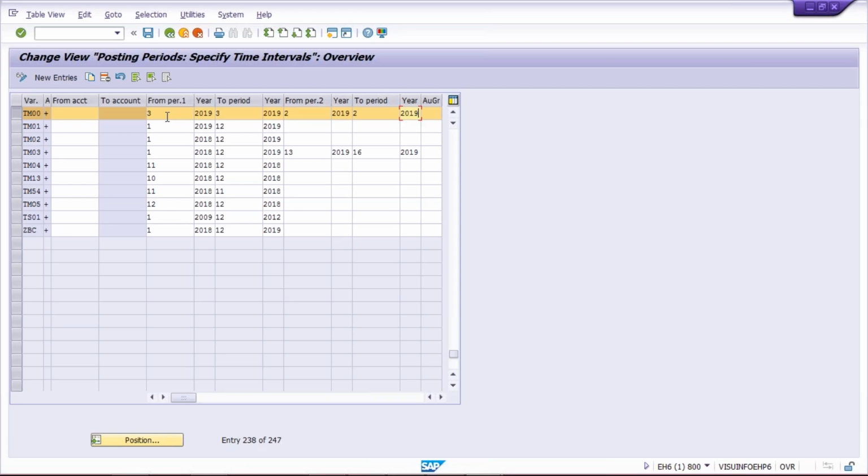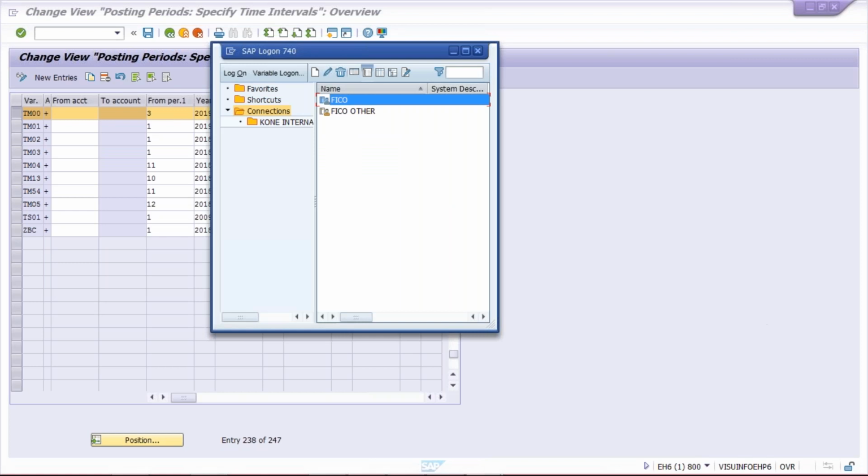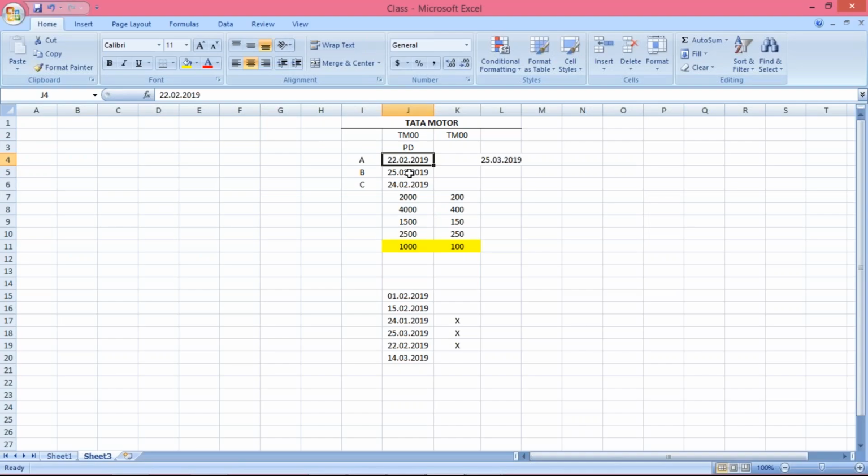In this case, what is happening, this A is allowed to post their transactions. Even B and C also will be allowed to post their transactions.